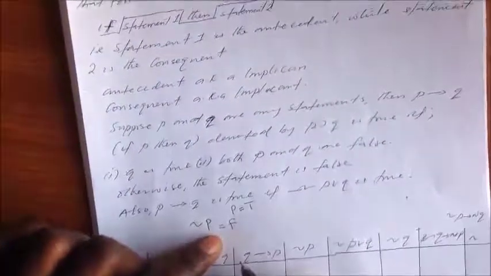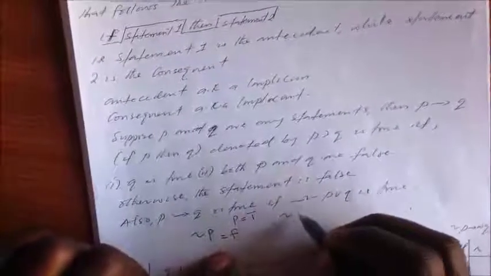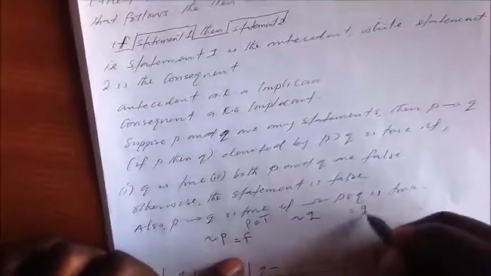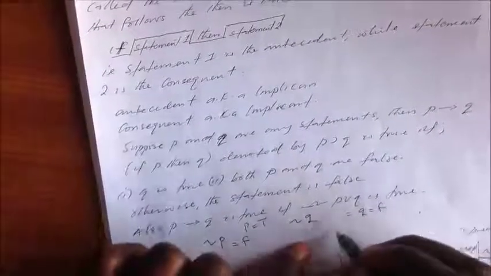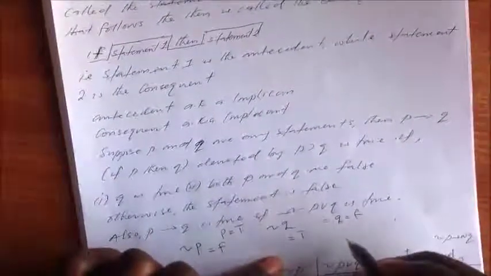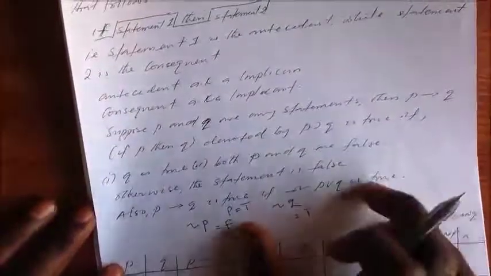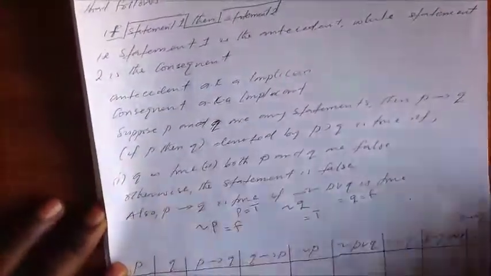That's what we mean by negation. If we say the negation of Q, where Q is false, then the negation of false is true. That's why it is called a unary connective.